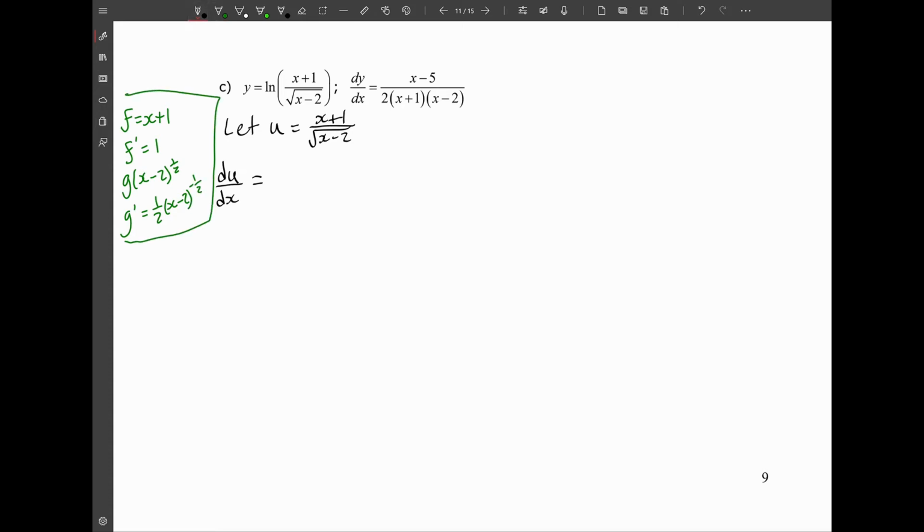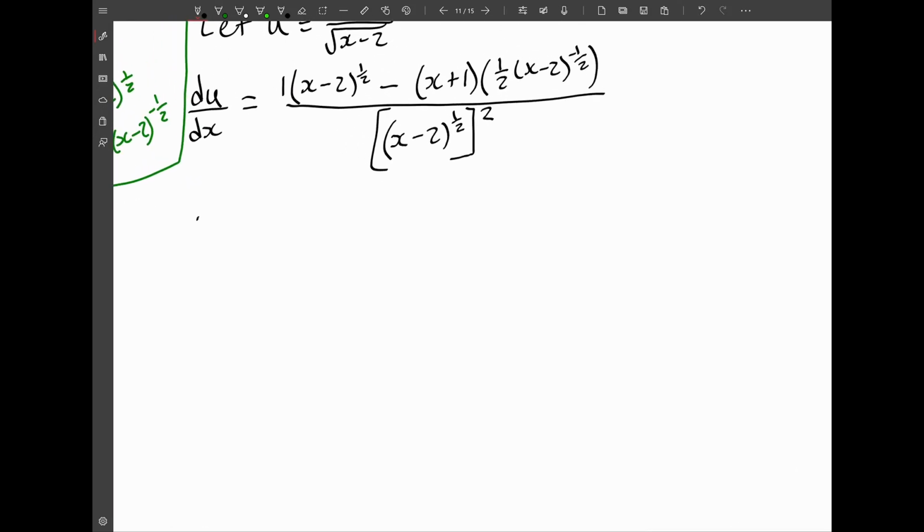Okay, so for our du dx, what we get is f prime times g minus f times g prime, all over g squared. Okay, so what we've got now is we're going to want to simplify some of this.